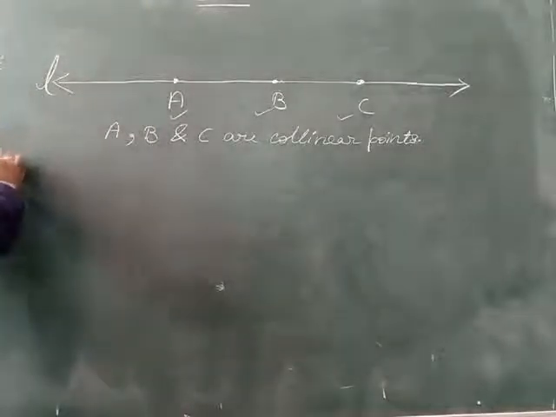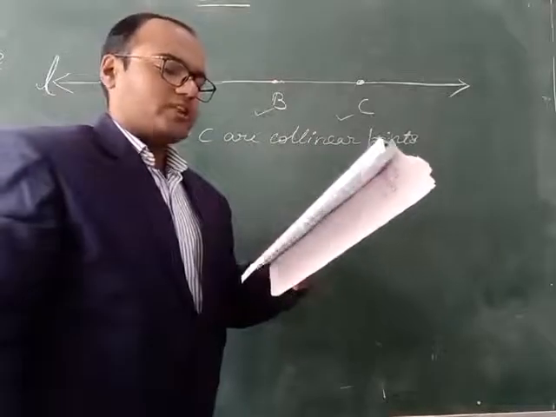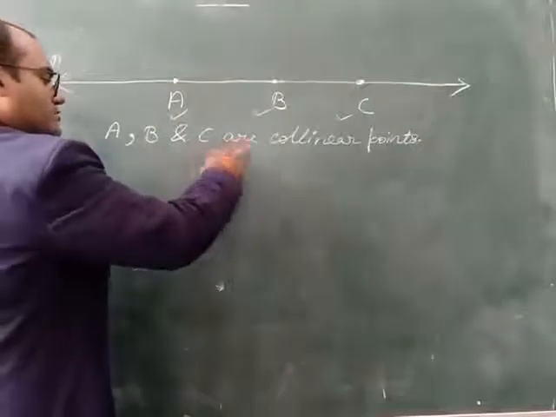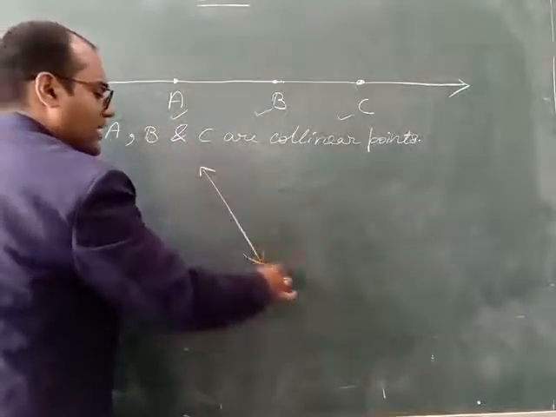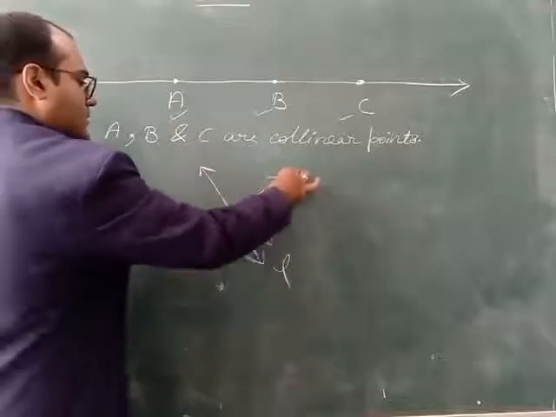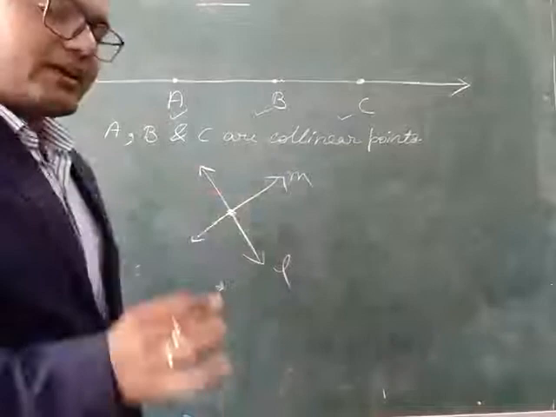Now question number 11. If the point of intersection of lines L and M, two lines we will draw. This is the first line L, this is the second line M, and this is the point where these two lines are intersecting.